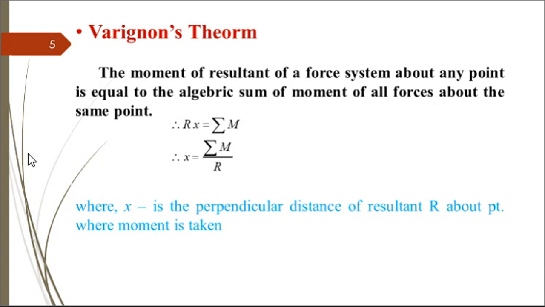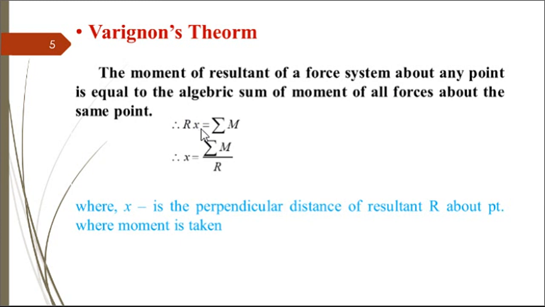Now to understand this, again let's see one more time. The moment of the resultant of a force system means that the resultant of a force system causes a moment about any point, that is, R, the resultant, multiplied by the perpendicular distance about any point.